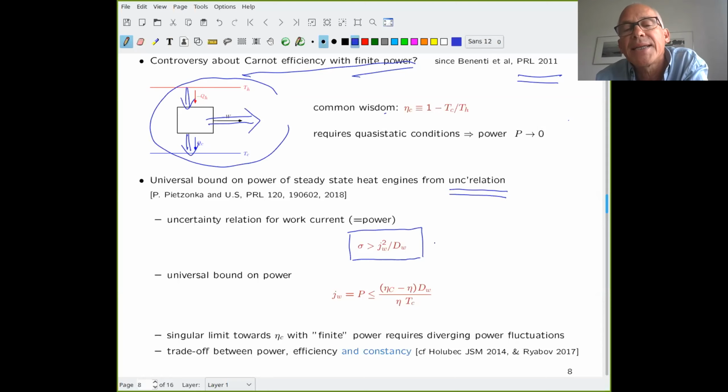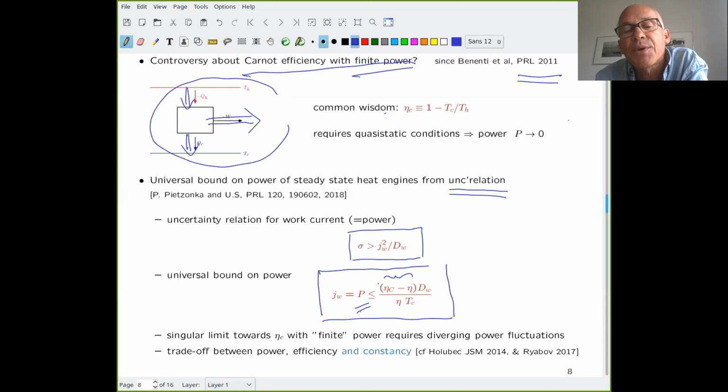And when you combine this with the first law, then it's a matter of 3 lines to get this relation here. So the statement is that the work current, which is the power, is less than a product which involves the difference in efficiency to the upper limit, which is Carnot.